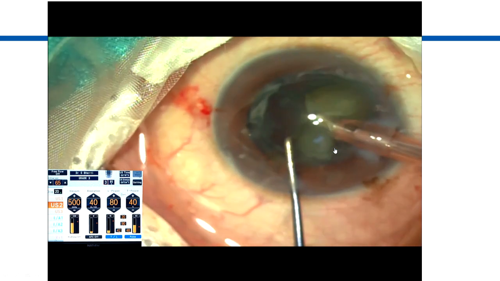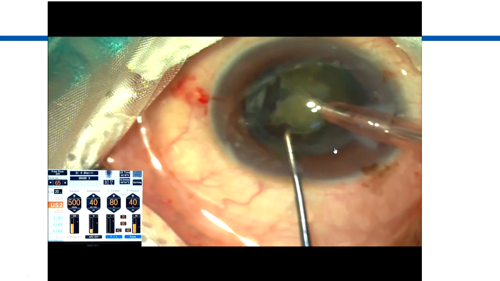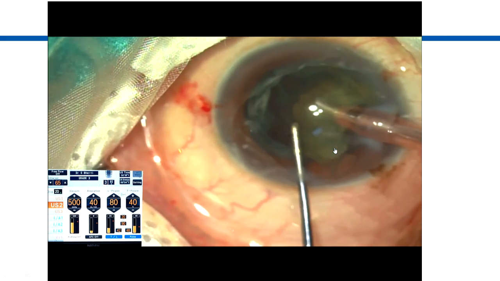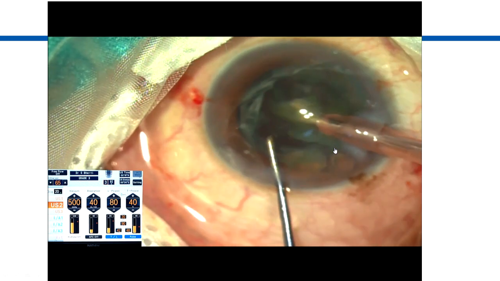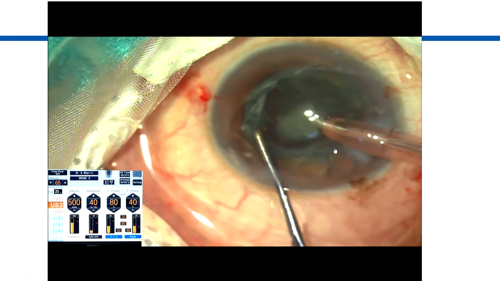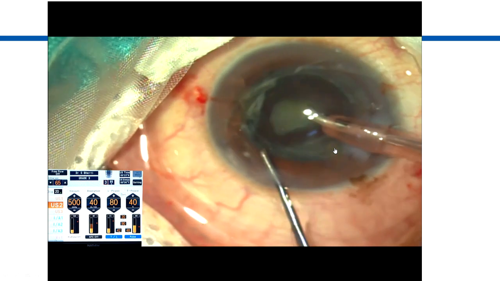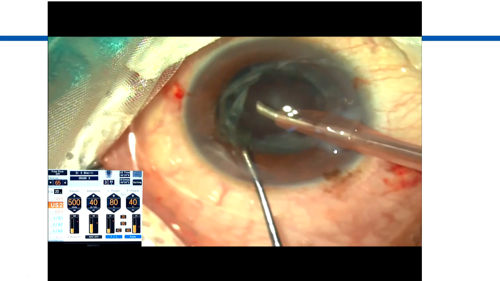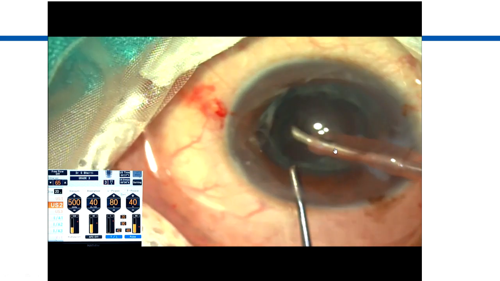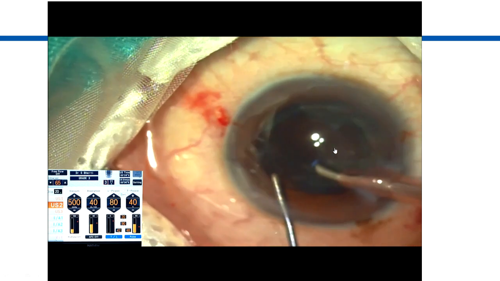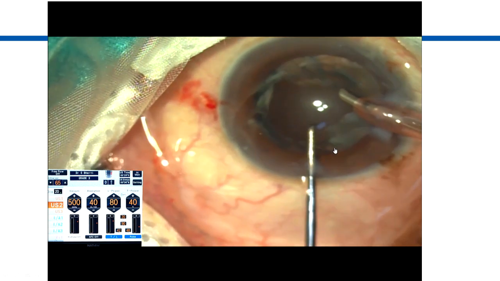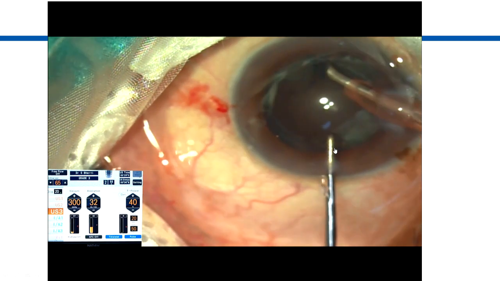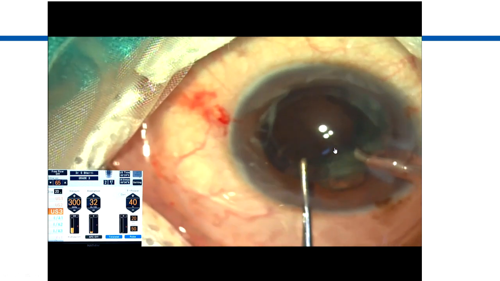So as you can see, the holding and followability of these nuclear fragments is very quick, and hardly any heat is generated, and the chamber stability is absolutely fantastic during the surgery, as you can appreciate. Without much difficulty, we can do the phacoemulsification with this system.